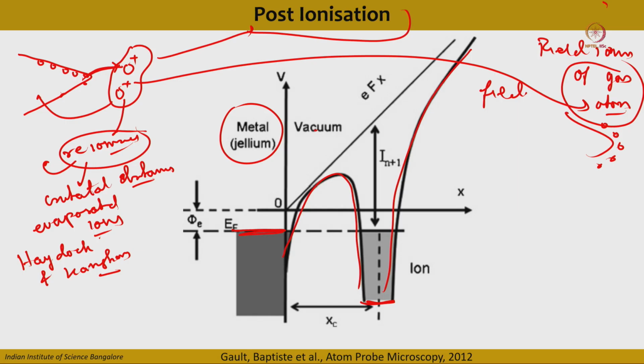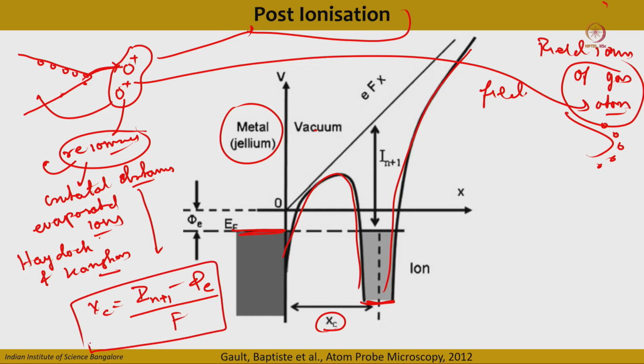So post-ionization occurs at a critical distance, and this critical distance is what we call Xc for a gas atom, given by Xc equals I(n+1), the ionization energy for the (n+1)th electron, minus the work function, divided by the field. Okay, where I(n+1) is the (n+1)th ionization energy, phi is the work function, and F is the electric field. So the probability of field ionization is field dependent.